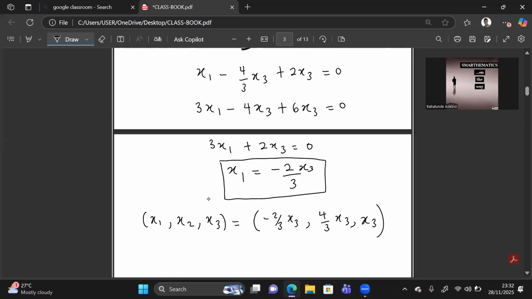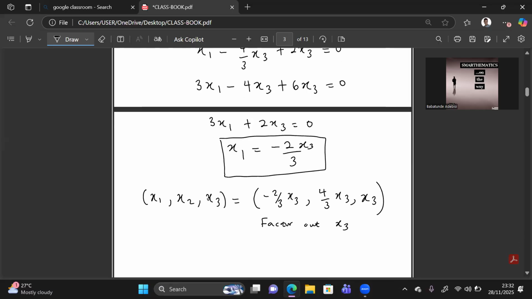That's it. Here now I can factor out x3. If I factor out x3, I'm left with minus 2 over 3, 4 over 3, then 1, then x3.